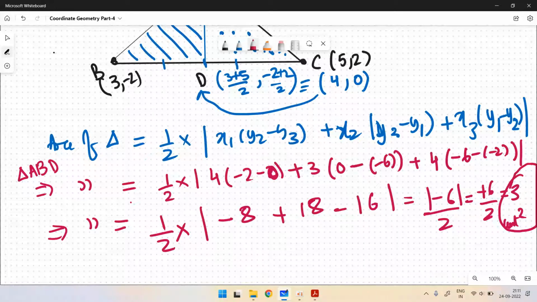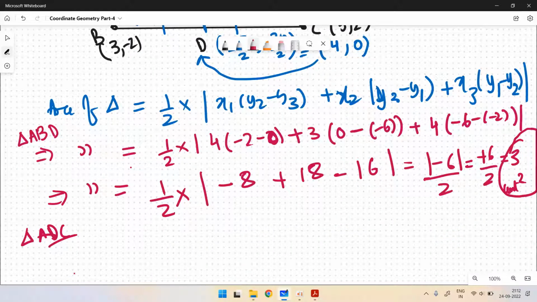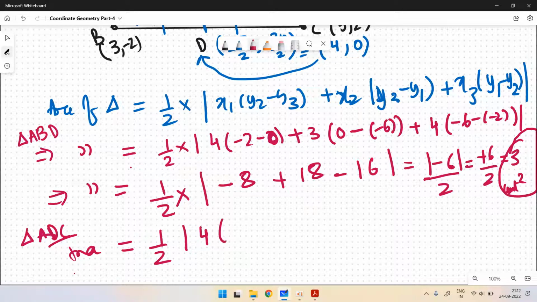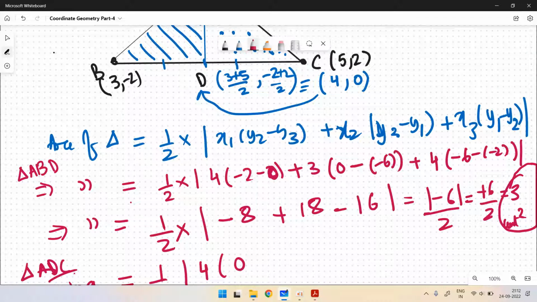Now similarly, let me calculate the area of triangle ADC. The area will be half. What is x1? A is the same, so this is A. What is D? y2 is 0. And what is C? C is the point with y equal to minus 2, so 0 minus 2.